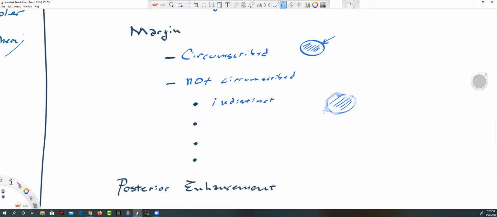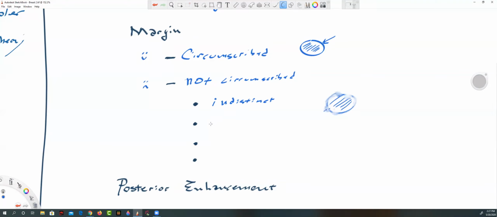Where exactly does it end? Does it end here? Does it end there? We're not sure, so it's an indistinct margin. I'll put the smiley face over here. All of these are generally not as good.